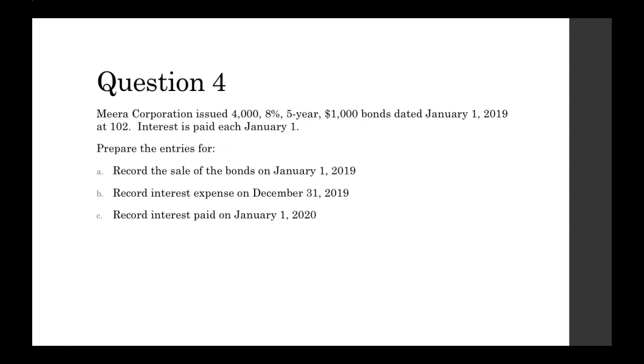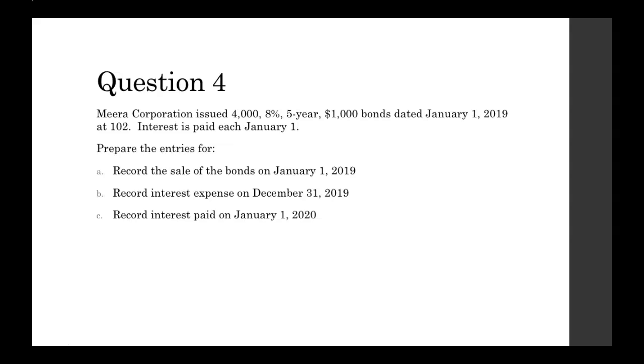Then it tells us interest is paid each January 1st. So every single year on January 1st, Mira Corporation will have to pay some interest to the people who have invested in these bonds. So what do we need to do in this problem?